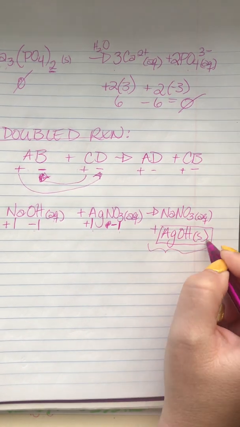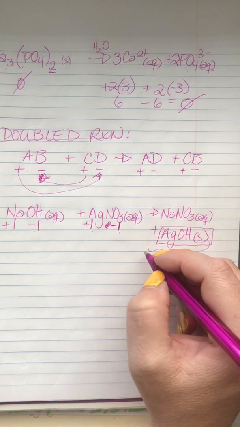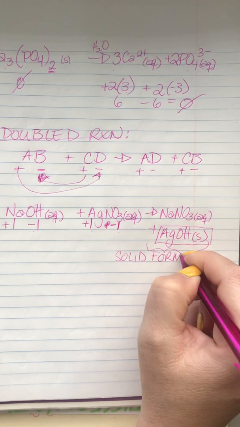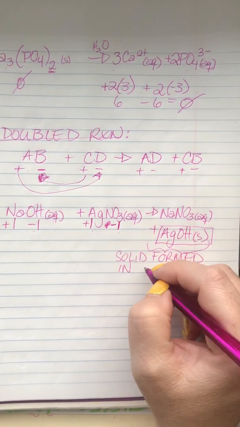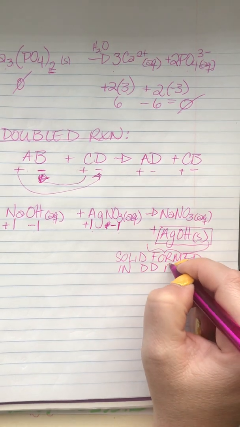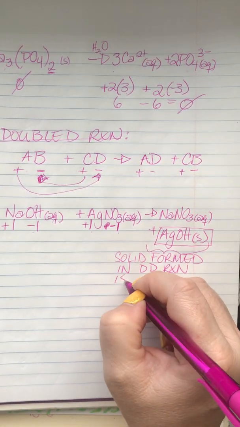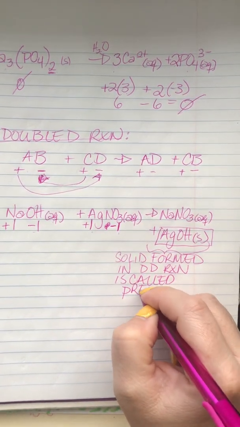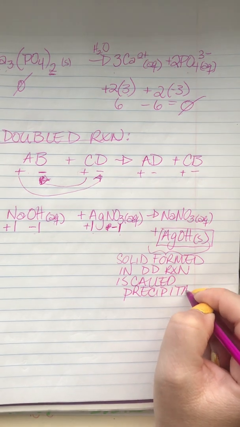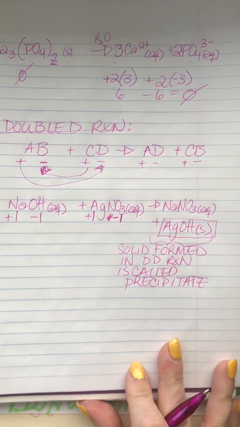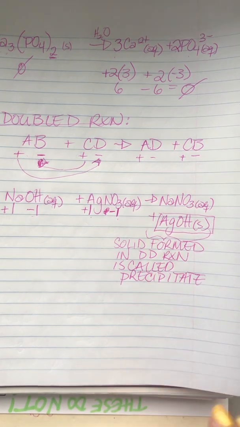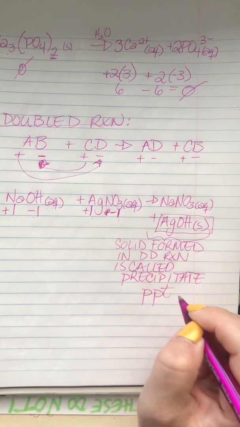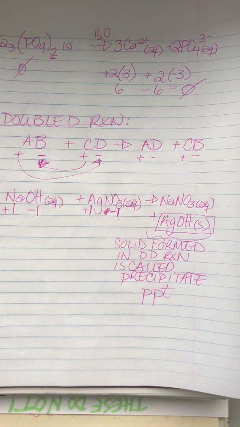But when a solid is formed, any solid, in a double D reaction, it is called a precipitate. Okay? Precipitate. Now, this is the $25 word that I will never write again. We just write PPT. Okay?